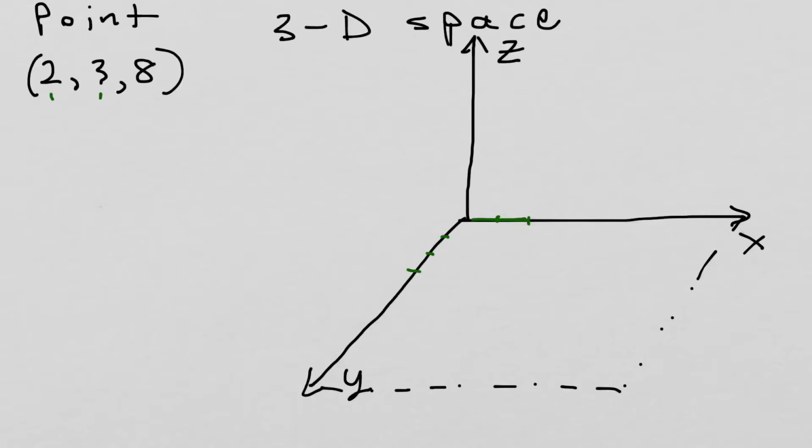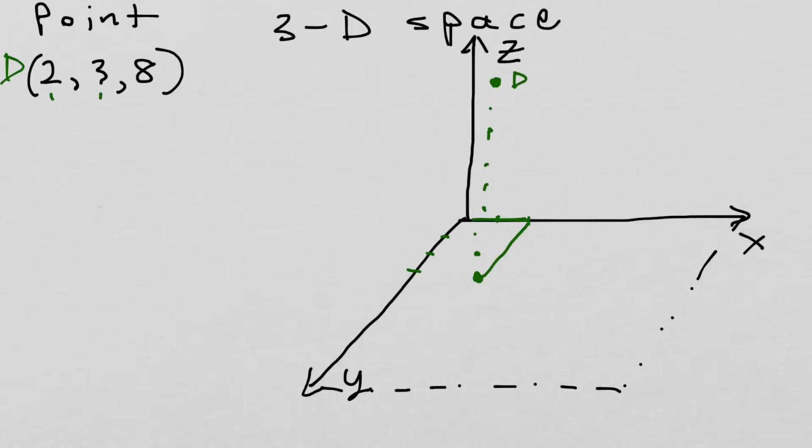So I have to go parallel there. And then I'd go up in the z direction by 8, so perpendicular. So I'd wind up here. So if this is the point D, I would be here.